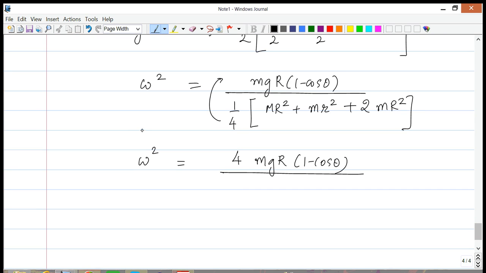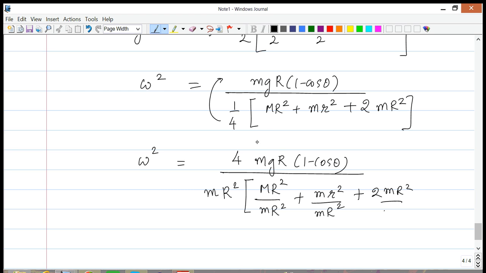So we have m times capital R squared, and now I'll have to divide the first term by m times capital R squared, the second one by m times capital R squared, and all I'm going to be left with is 2 for the last term.